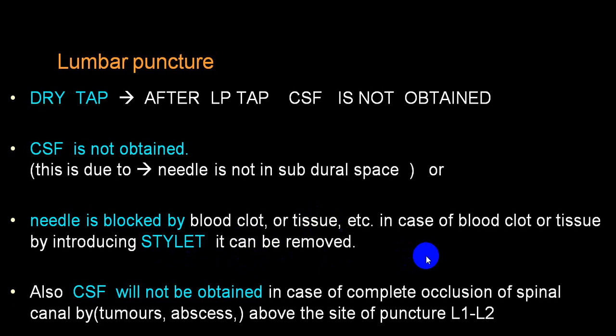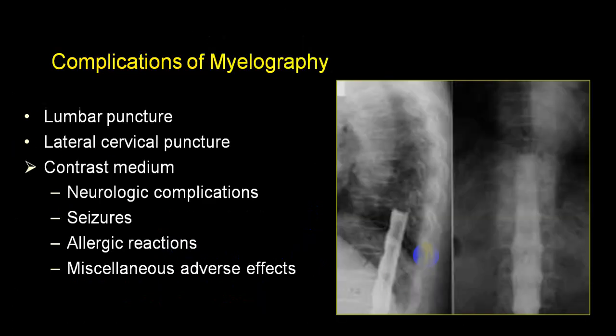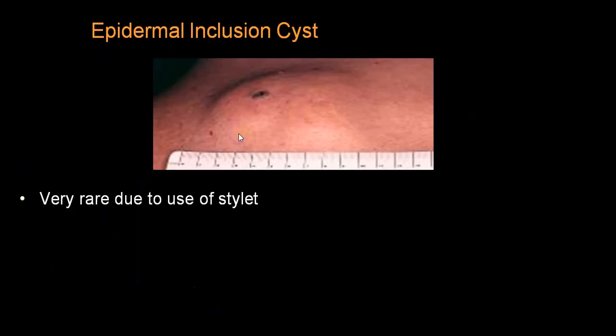So re-perform at other sites. In case of a myelography, contrast media can also produce complications like seizures, allergic reactions, etc., apart from complications of lumbar puncture. This is showing you an epidermal cyst, a very rare complication due to use of a stylet.